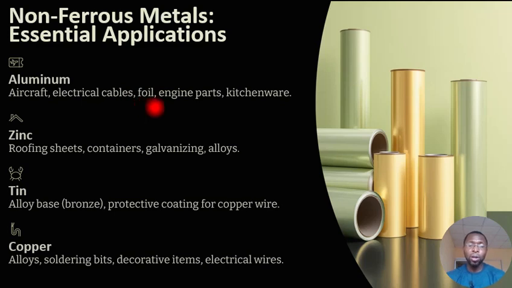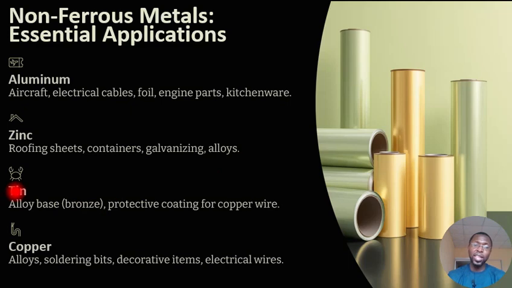We use aluminium for making engine parts and kitchen wares. All right. Then for the next non-ferrous metal, which is zinc, the zinc is used for roofing sheets, for making containers, and for galvanizing, as well as for making alloys of metals.